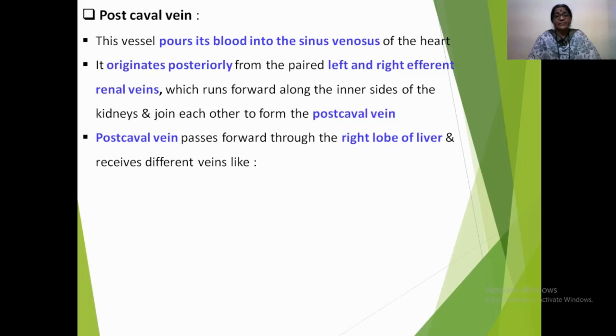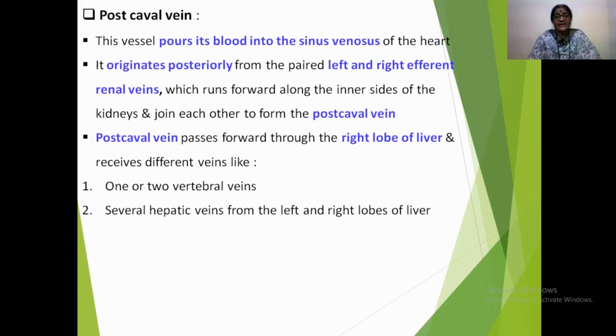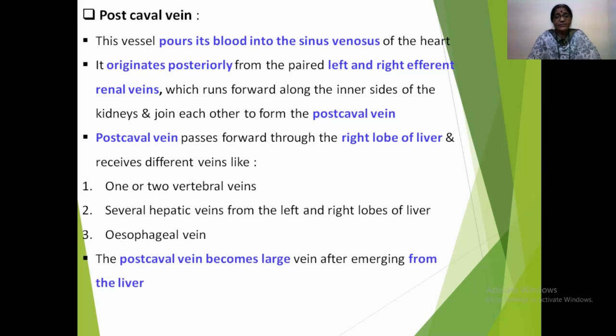The postcaval vein passes forward through the right lobe of liver and receives different veins like one or two vertebral veins which collect blood from their respective vertebral region, several hepatic veins from the left and the right lobes of liver which collect blood from the liver region, and the esophageal vein which collects blood from the esophagus. The postcaval vein becomes large after emerging from the liver lobe, and finally it opens into the sinus venosus.